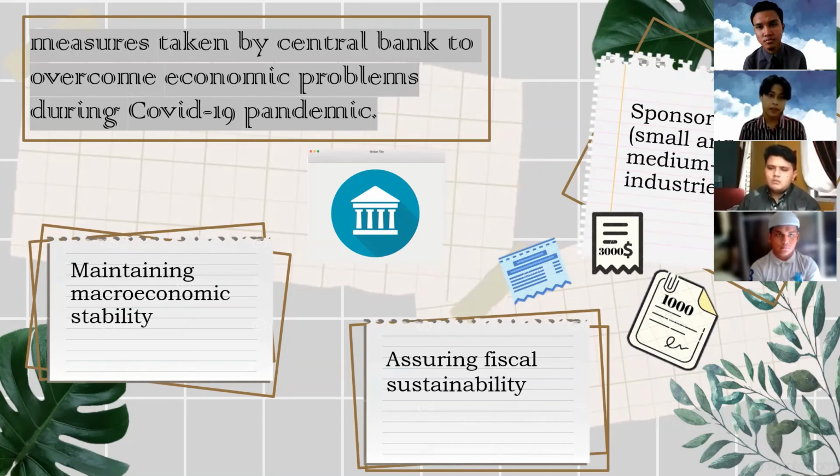And lastly, sponsoring SMEs, also known as small and medium-sized industries. During the pandemic, these industries are most likely to be cut off. Customers don't seem to appear, and these small and medium-sized industries will face economic problems. To overcome this, the central bank provides 1 billion ringgit to help the SMEs in order to maintain the industries.